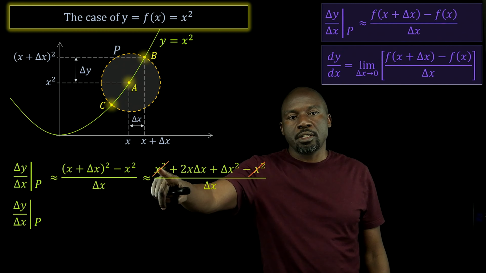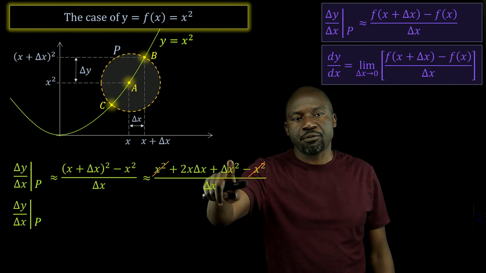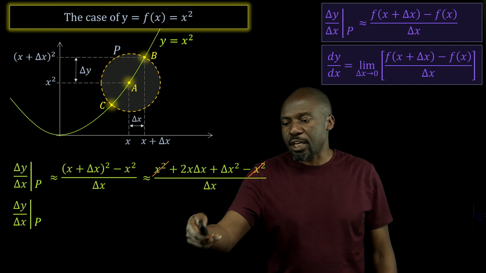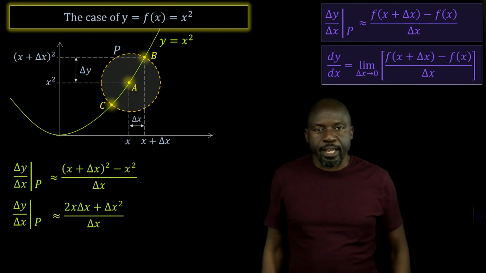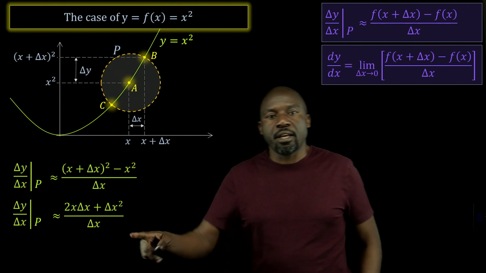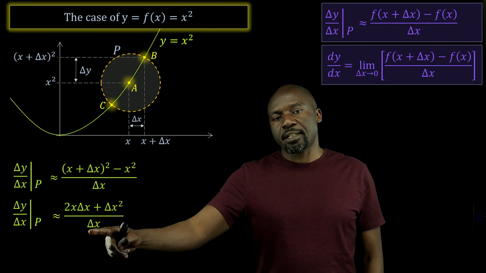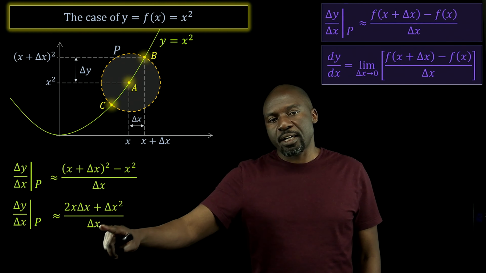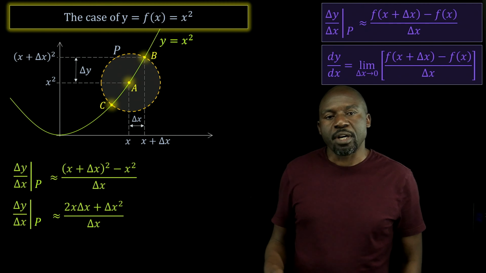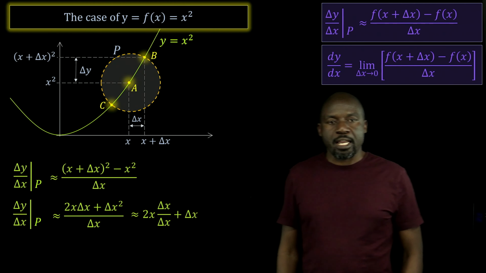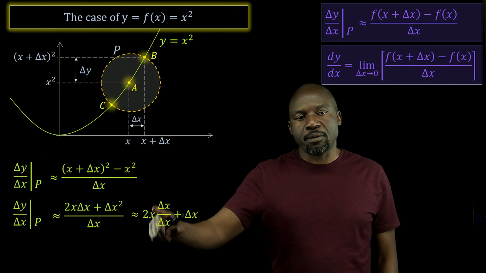Because this disappears and that disappears, we are left with the middle section. So that becomes 2x delta x plus delta x squared, everything divided by delta x, all right? Now this divides that, and we have 2x, and this divides this, and we have delta x, but I'm going to write this like that so that we keep this in mind, all right?